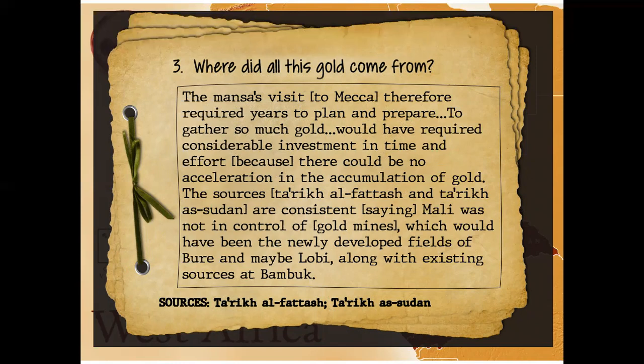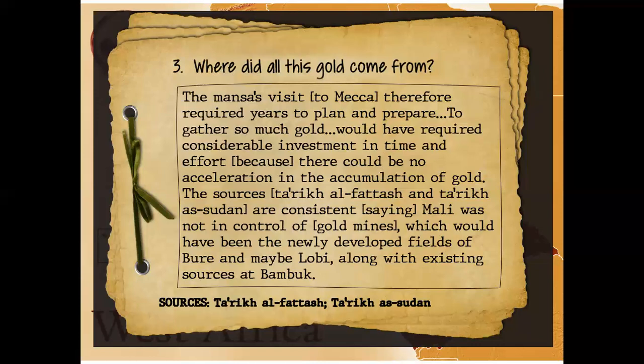So first off, we're told the Mansa's visit would have taken years to plan and prepare. This wasn't something he could just impromptu load up the caravans and get going. The next piece starts to tell us why. It would have taken years to plan and prepare because it would have taken a lot of time and effort to gather so much gold.